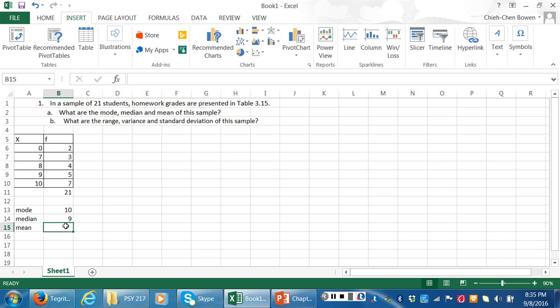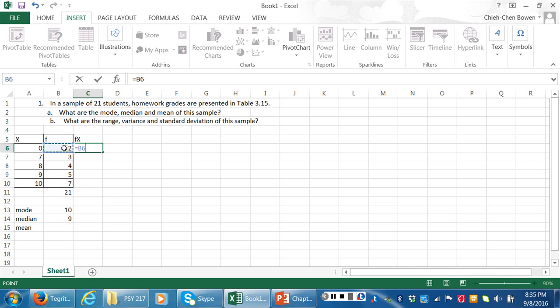In terms of mean, you need to figure out the total homework grade divided by the number of students. To figure out the total homework grade, because each grade happened a different number of times, consider the impact of frequency. You need to calculate frequency times the value. So that's how you will program that.